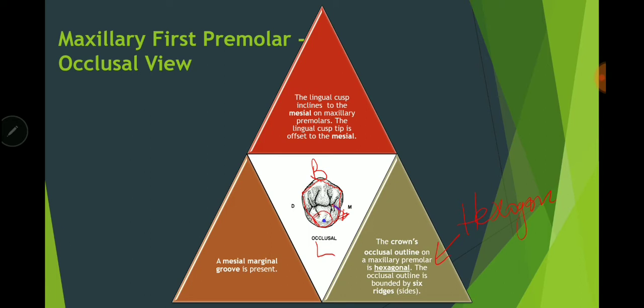This mesial marginal groove is continuous with the central fossa, or the central groove, or the mesial pit. So make sure you know everything on this maxillary first premolar.